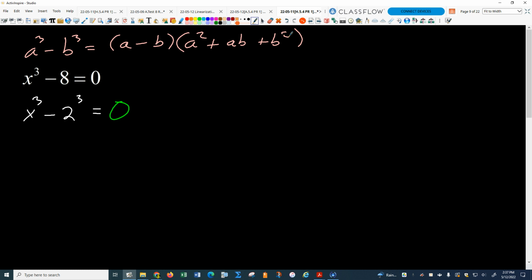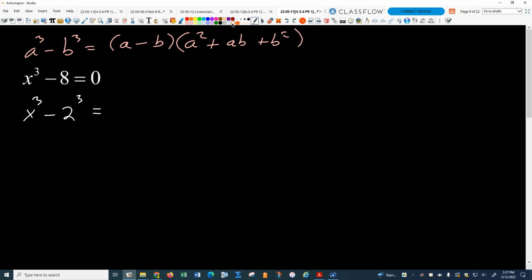We just have to apply that down here with x cubed minus 2 cubed, right? This is really simple. Instead of an a, what do we have? X. Instead of a b, we have a 2, right? A cubed minus b cubed becomes x cubed minus 2 cubed, right?